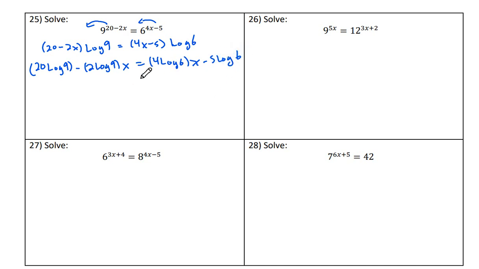Now we're going to collect our x's to one side. In this case, I'm going to collect it over here. So I'm going to add it, and then I'm going to add this over here, just to keep my x's positive. So I'll have 4 log 6 x. I'm going to add this one to the other side. I'm not distributing it. Usually I use the arrows to mean distribute. That's not what I'm doing. I'm adding this one, so I'm going to add it over here.